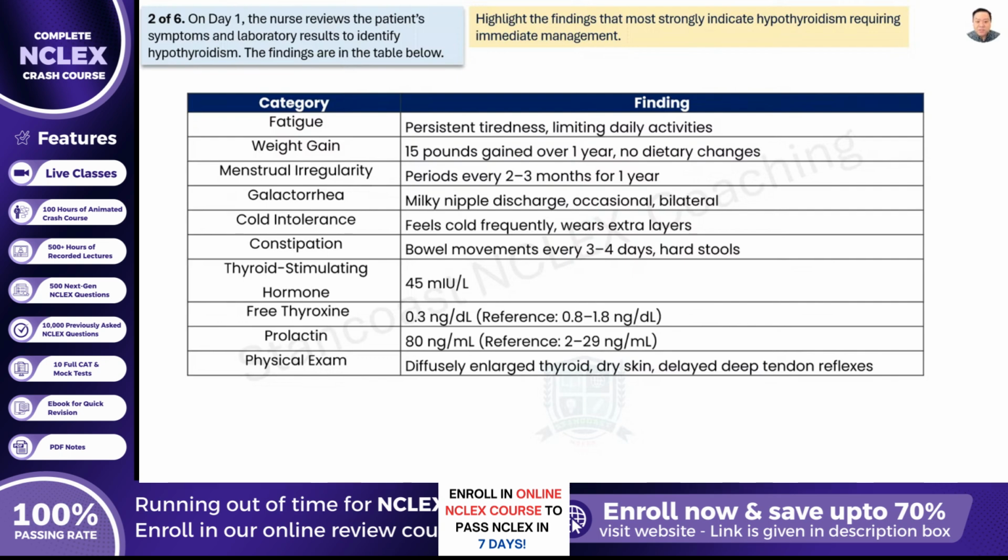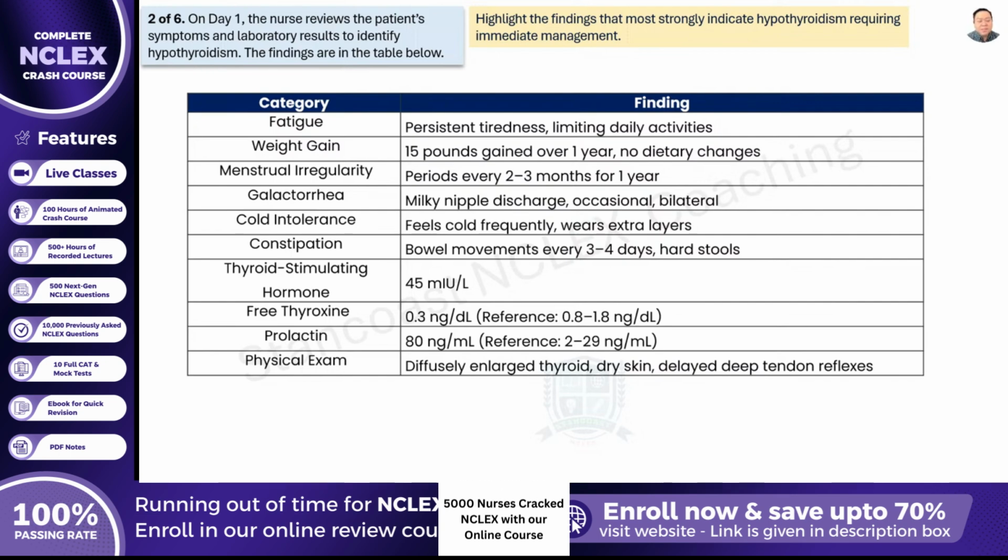I want you to focus on what screams, this is a primary issue right now. So this is a highlight hotspot type of test item. So make sure that you're selecting those items that would really strongly indicate hypothyroidism requiring immediate management.